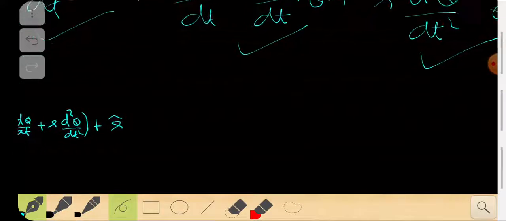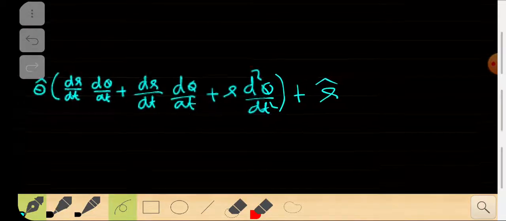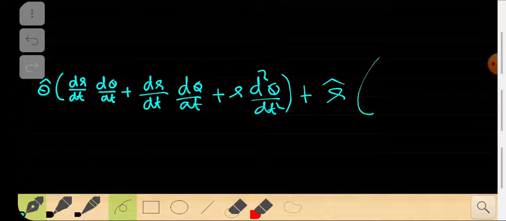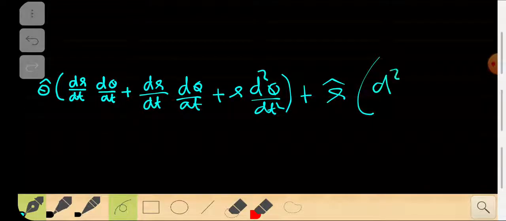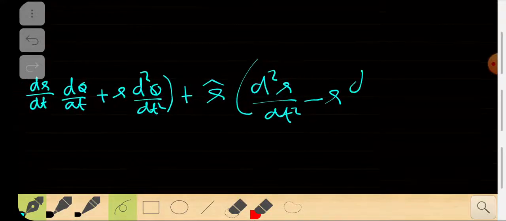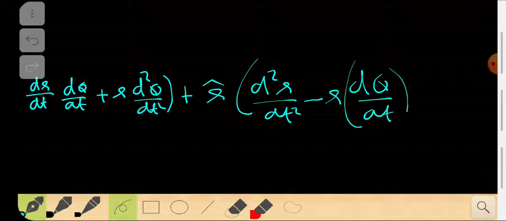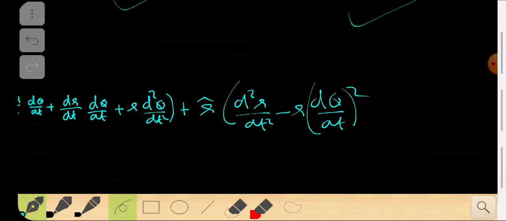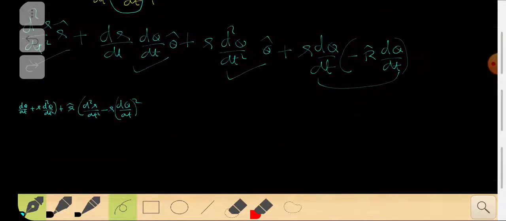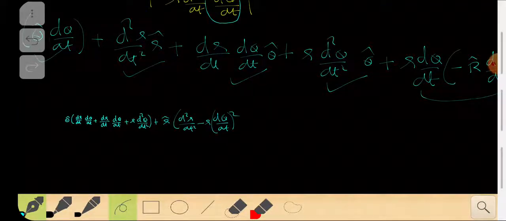So it will be d²r/dt² minus r times (dθ/dt) the whole squared. That's what you get.